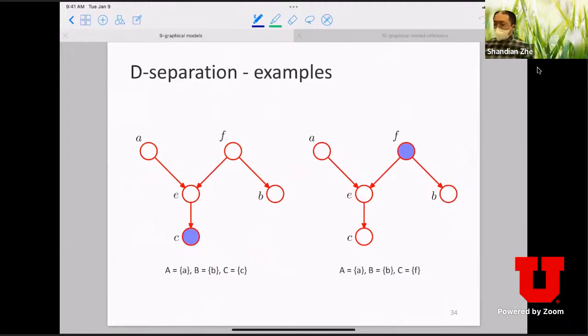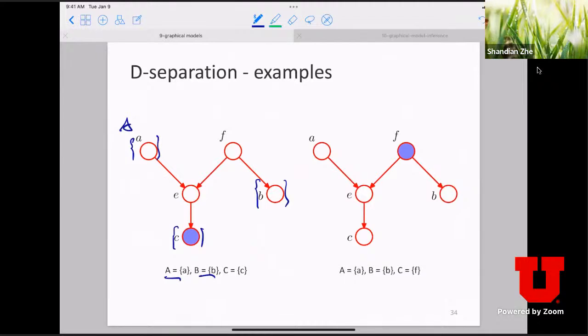So the first graphical model is like this. Our node set A just contains one node, this is A, and B is this node, and C is this node, and C is shaded.